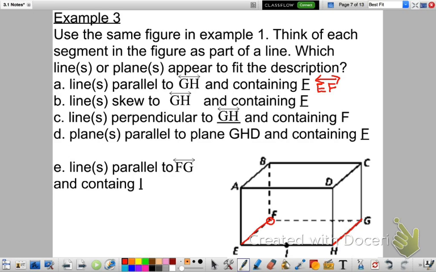If we want one that is skew to GH and containing F, we would look for BF. Lastly, a line that is perpendicular to GH and going through F would be GF.